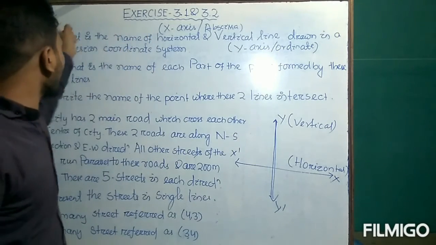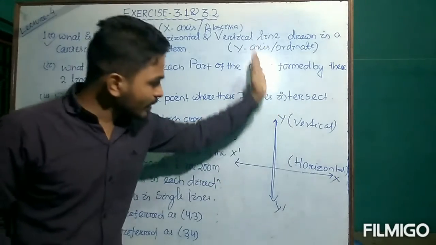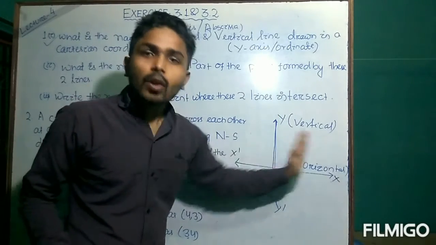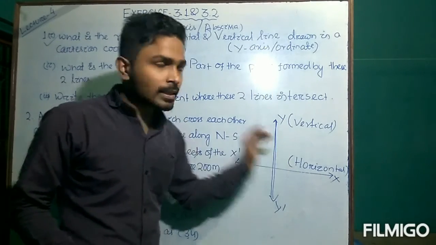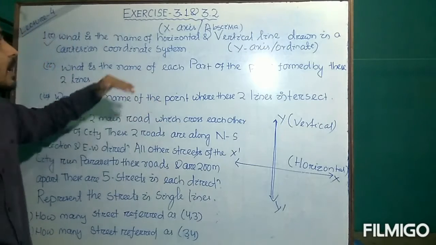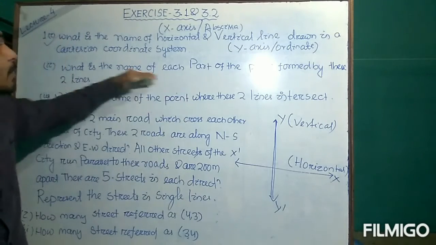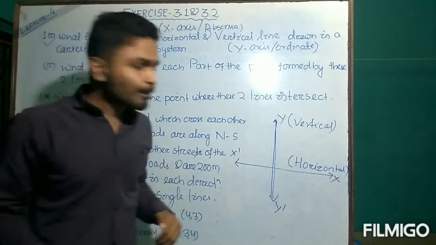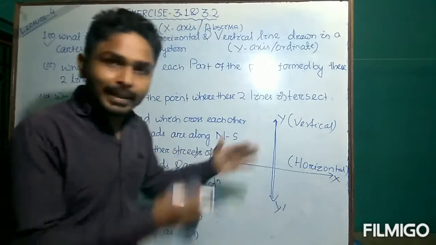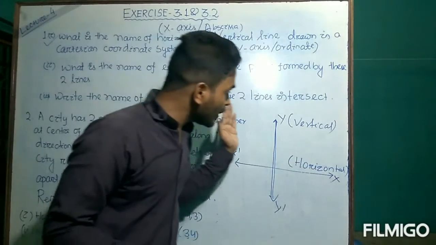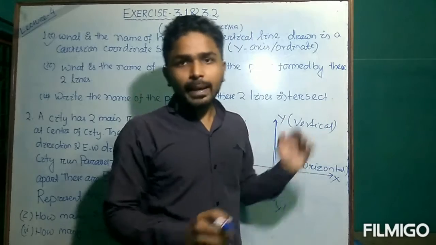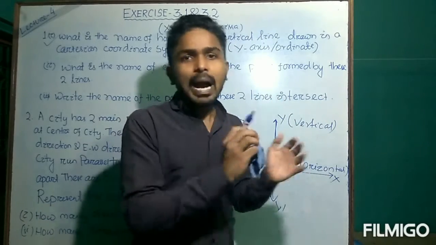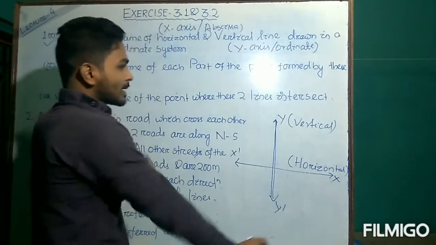Now in question number 1, I got two lines. One is vertical and one is horizontal, or x-axis and y-axis. So whenever these two lines intersect each other, what is the name of each part of the plane formed by these two lines? They will form four planes or four parts. What are the names of those parts?